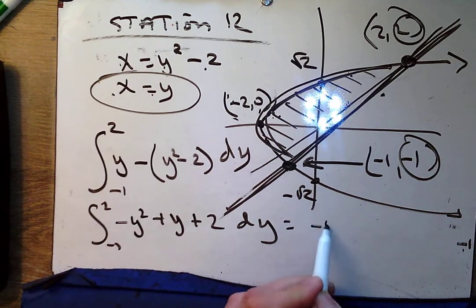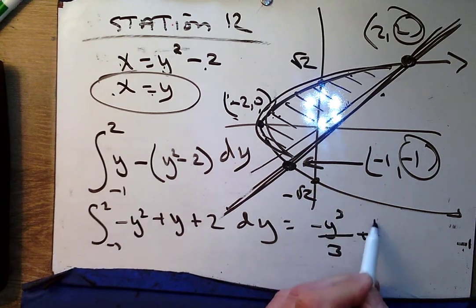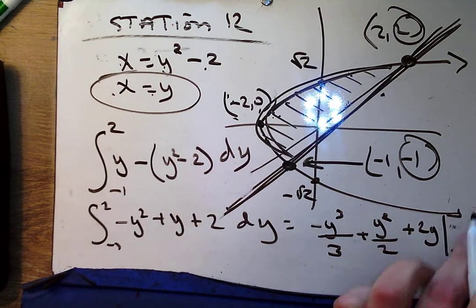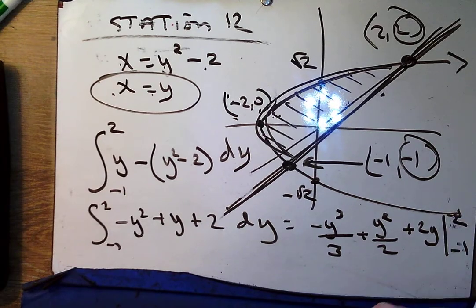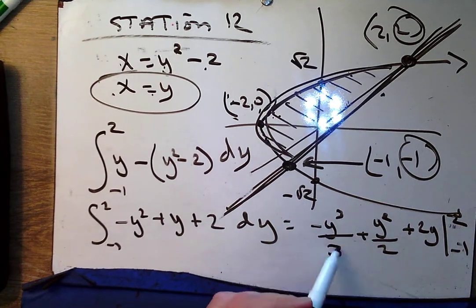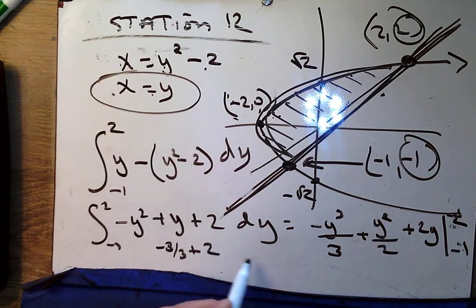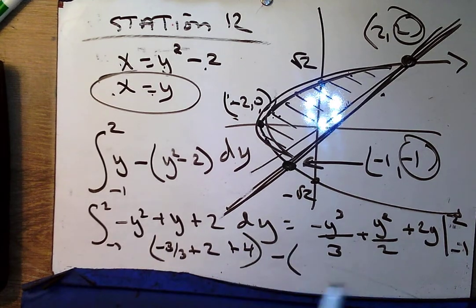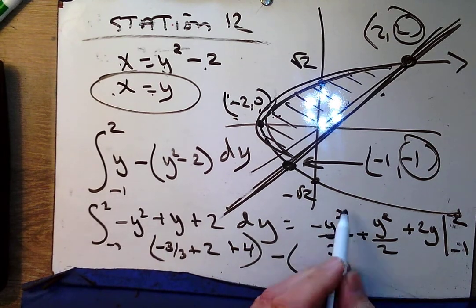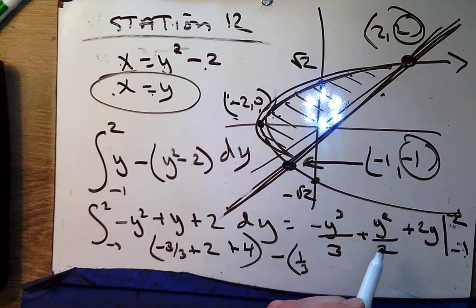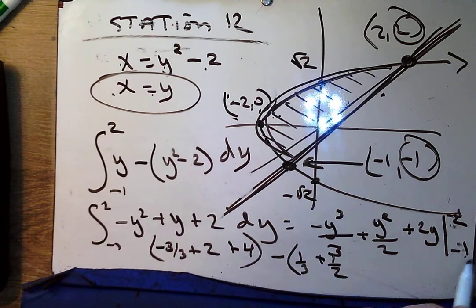That's going to be -y to the 3rd over 3 plus y squared over 2 plus 2y from -1 to 2. If I plug a 2 in there, I have -8/3 plus 4 over 2 is 2 plus 4. And we want to subtract, plugging in that -1. -1/3 times negative is +1/3. Negative times negative is positive 1/2, but a negative in here is -2.